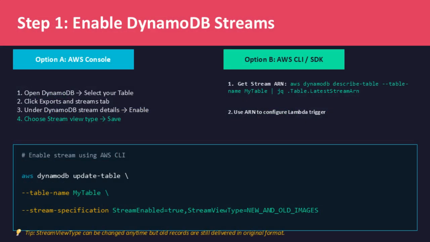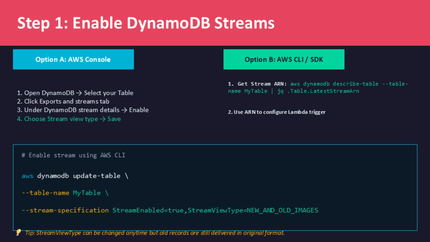Alright, let's get hands-on. Step 1 is enabling the stream on your table. You can do this in two ways. Through the AWS console, go to DynamoDB, select your table, click the Export and Streams tab, and then under DynamoDB Stream Details, hit Enable. Then pick your view type and save.